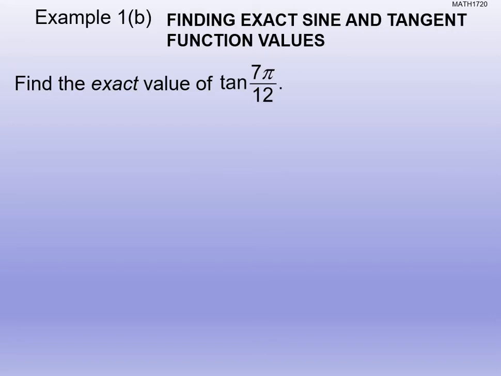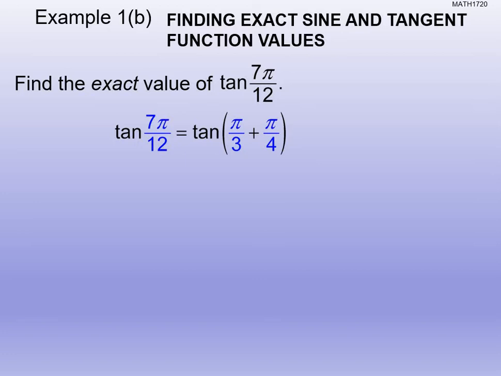Well, that might be one that you want to maybe put 7 pi over 12 into degrees first. So remember, do that by multiplying it by 180 over pi. So when you do that, you end up getting a 105. And that breaks into a 60 and a 45 degree angle.